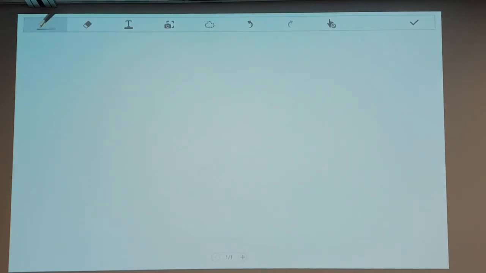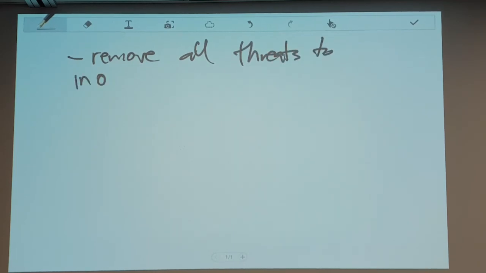It's not impossible, because if we eliminate all threats, okay, if we remove all threats to the organism, to the individual, okay, so that means we're moving well.